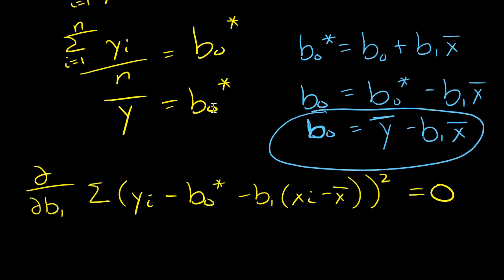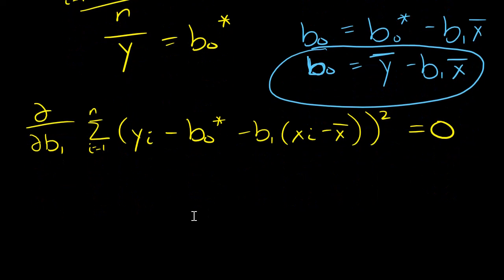So now I'm taking the partial derivative with respect to b1 instead of with respect to b naught star. All right, so once again, use your chain rule. Bring the 2 down.